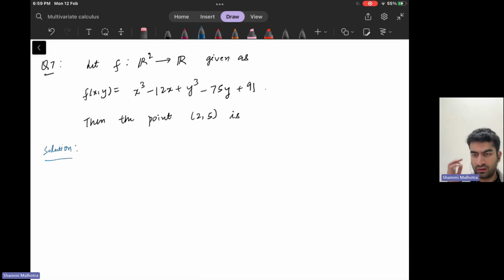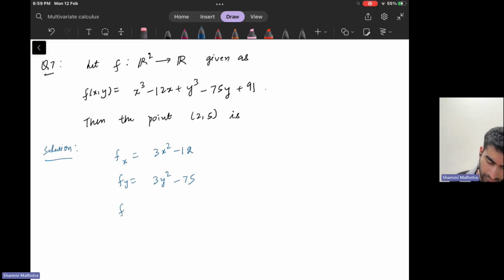To check, we have to calculate the second order partial derivatives. So let us evaluate them. We have fx equal to 3x square minus 12, fy given as 3y square minus 75.